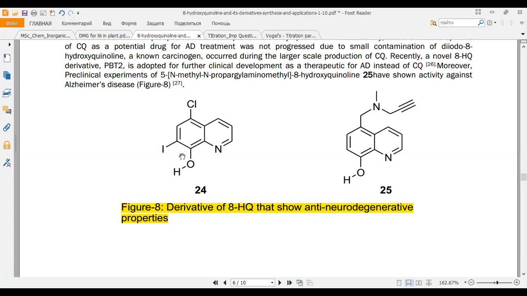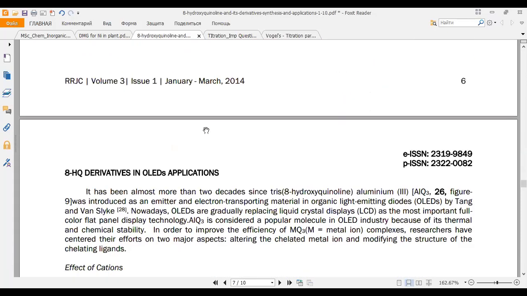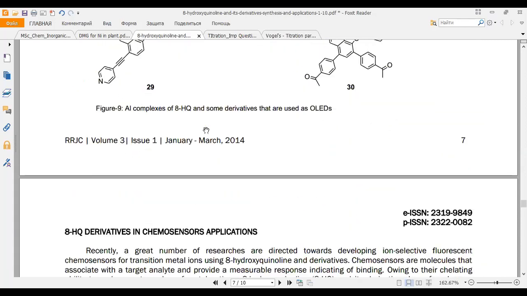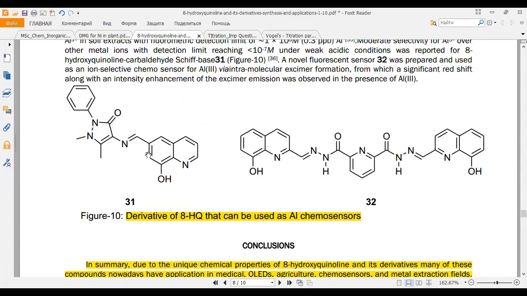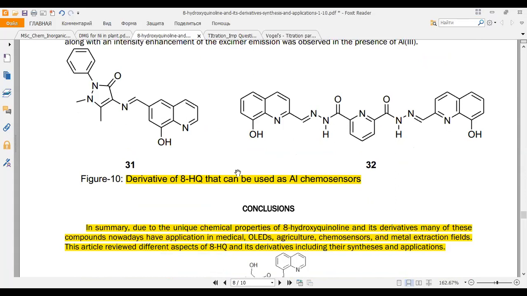Anti-neurodegenerative properties. So these are the derivatives of 8-hydroxyquinoline. They have these properties. Now we are not focusing on the other part, and these derivatives can be used as an aluminum chemosensor. So you basically develop a sensor that can be used to sense aluminum.